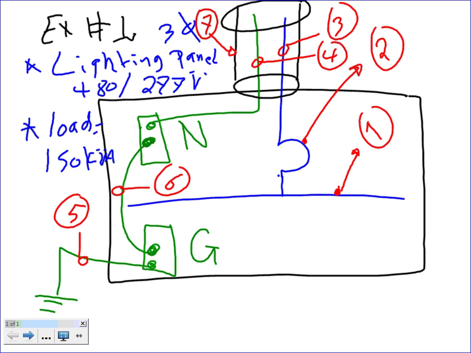The technical term for it is system bonding jumper. And grounding electrode conductor is 5. Any question, my friends?